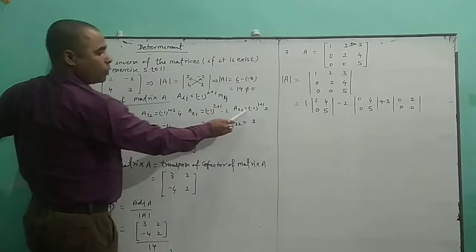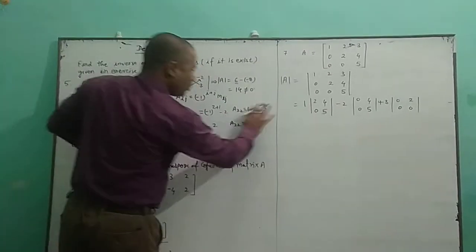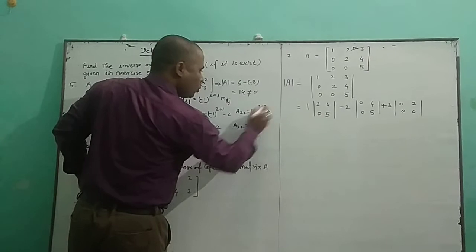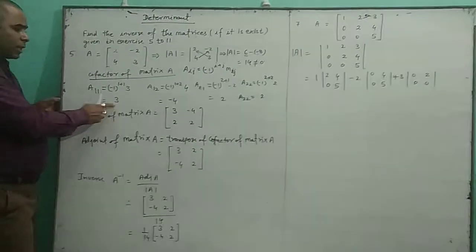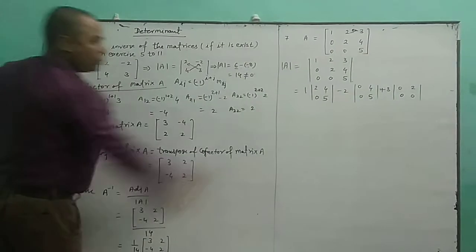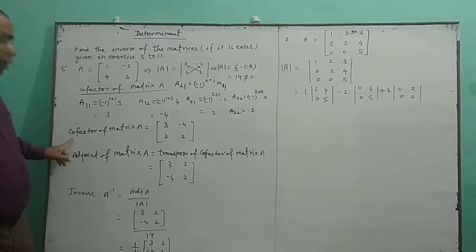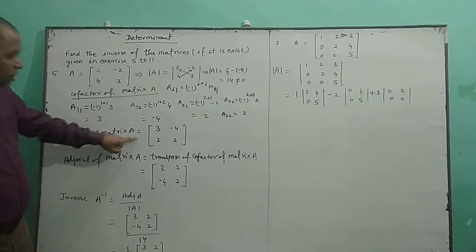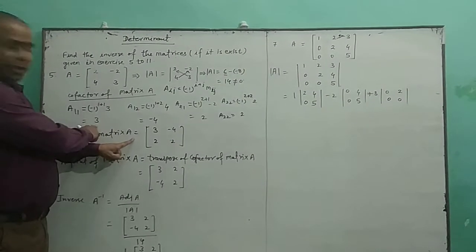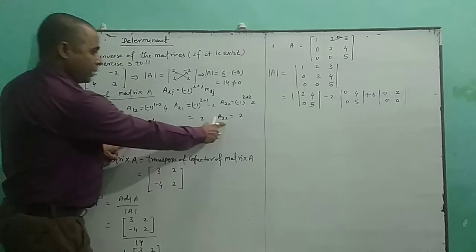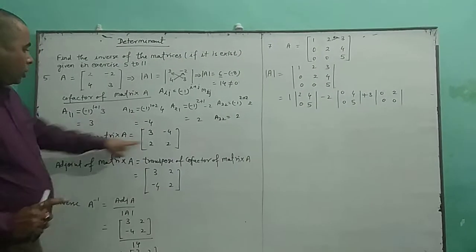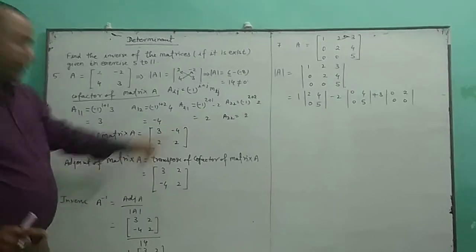So A22 is equal to minus 1 to the power 2 plus 2, 2 plus 2 is 4, so positive. So 2 will come. After that 3, minus 4, 2 and 2 are the cofactors. So the cofactor matrix of A is: A11 is 3, A12 is minus 4, A21 is 2 and A22 is 2. This is the value of the cofactors.